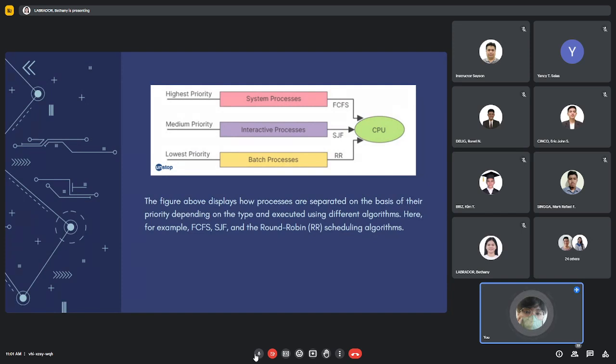And the last one is the lowest priority, batch processes. Batch processes are those that do not require user interaction, so they don't need any interaction anymore, and they're processed in bulk or in big batches. These processes are usually placed in lower priority queues in an MLQ system to avoid interfering with higher priority processes.